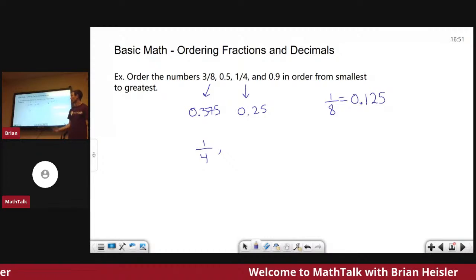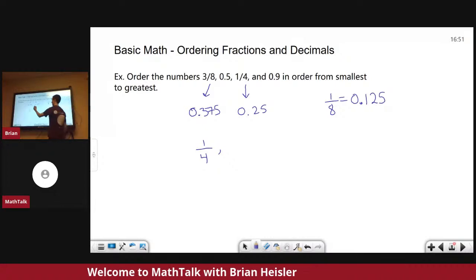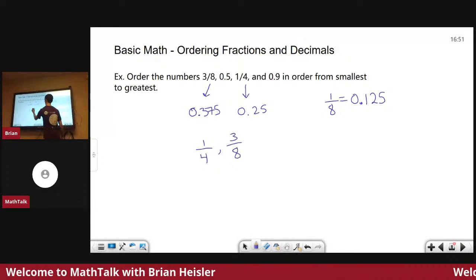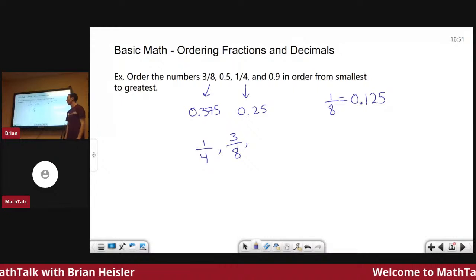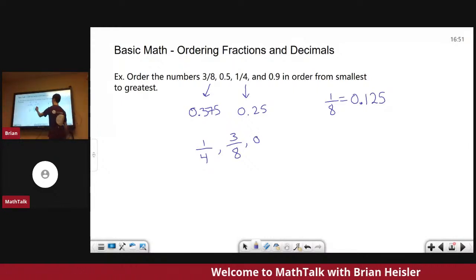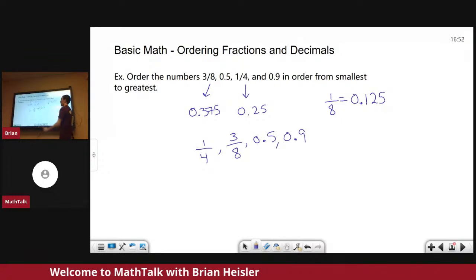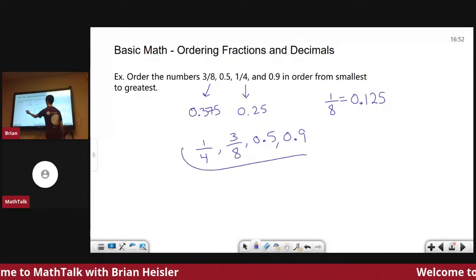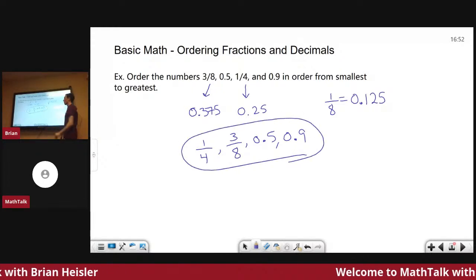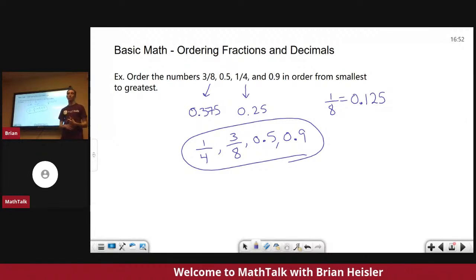After that, it happens to be the other fraction, 3/8, because that's 0.375. Then 0.5 is the next one. That leaves 0.9 as the largest of those 4 numbers. So there we go, I have my values in order from smallest to greatest.